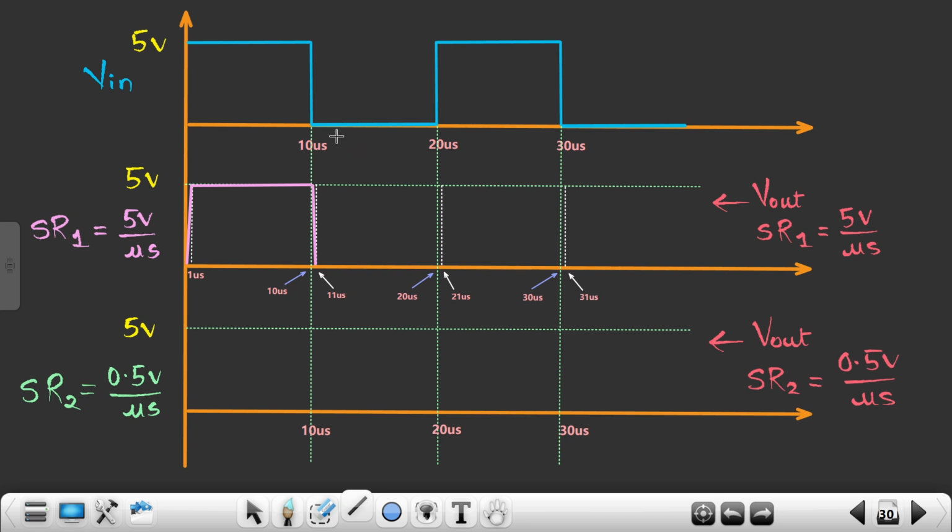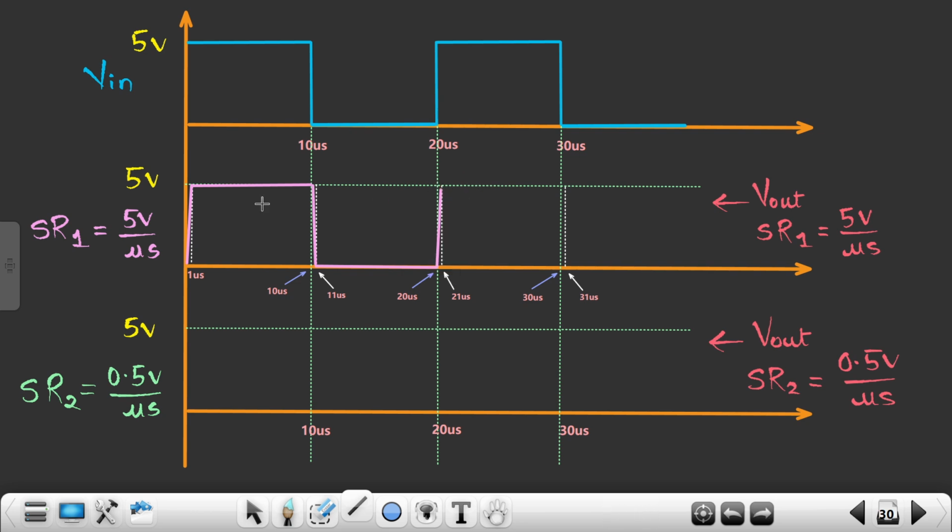Similarly, when my signal is traveling from 5 to 0 volts at 10 microsecond, over here it will travel from 10 to 11 microsecond, and after 11 microsecond it will give a signal of 0 volts, okay. Similarly, now come over here at this particular point at 20 microsecond, my input signal moves from 0 to 5 volts very quickly, and over here it will take some time to move from 20 microsecond to 21 microsecond.